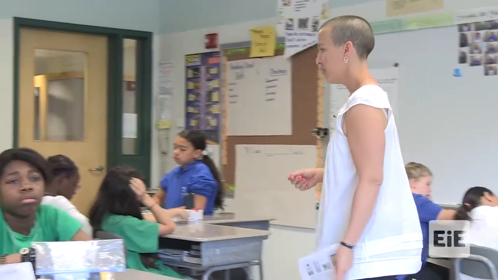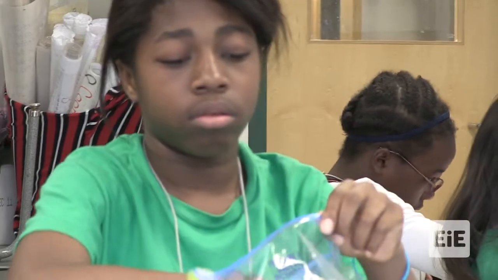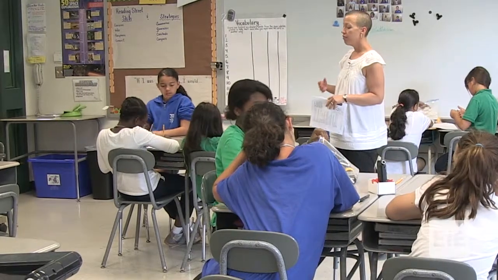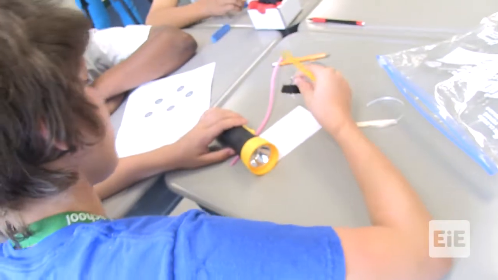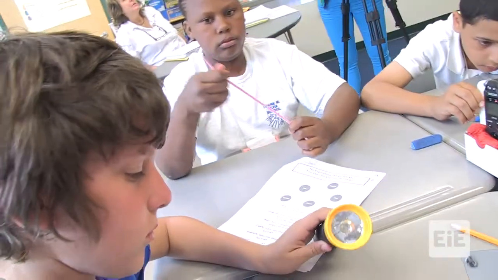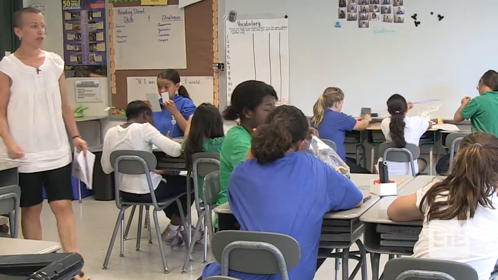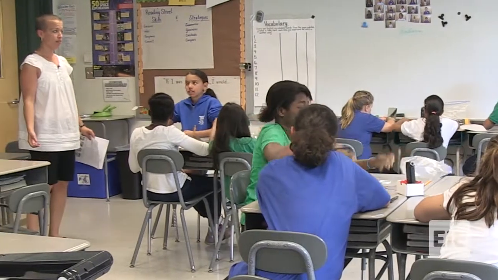All right, now let's get into these materials. If you would carefully take the materials that are in the bag out. These are all the materials that are available to you to use. Your design might only use 2 materials, but several of those 2 materials. Your design might use 5 materials, but maybe only 1 of each.